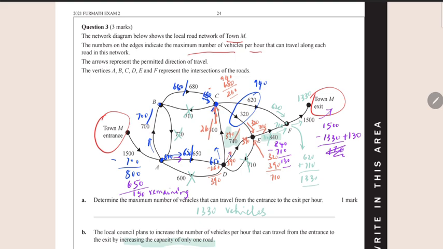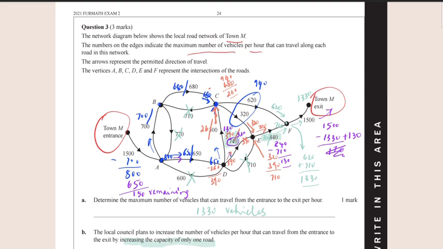So is it possible for that 130 to have passed through the previous edge as well? If we had added 130 here to the 390 that came through, that would have given us 520. And that would have been possible because 740 was the maximum capacity. So 520 vehicles out of a capacity of 740 could have passed through.